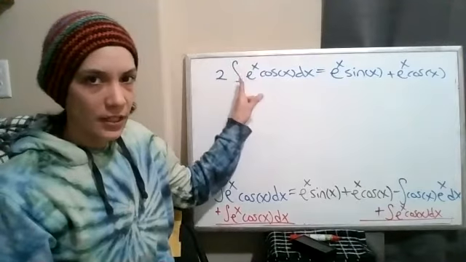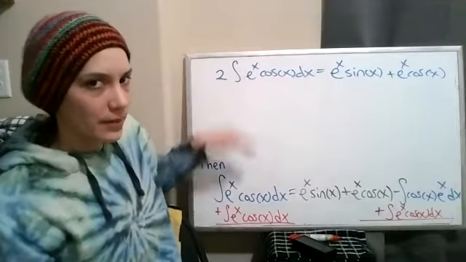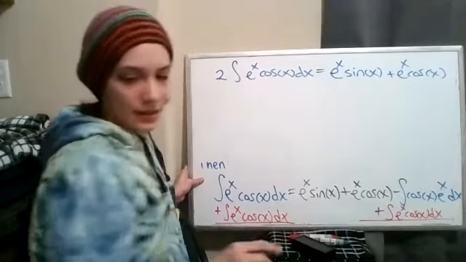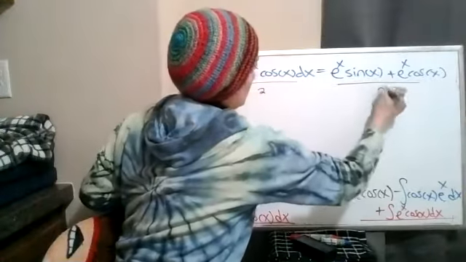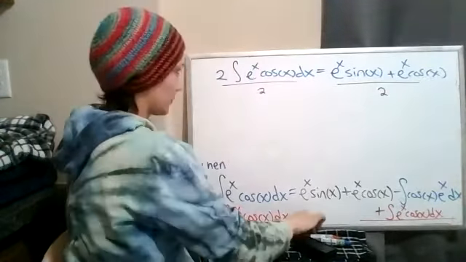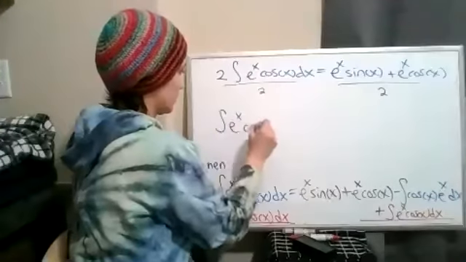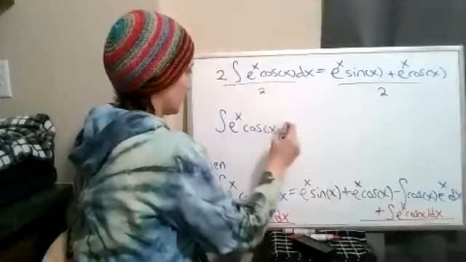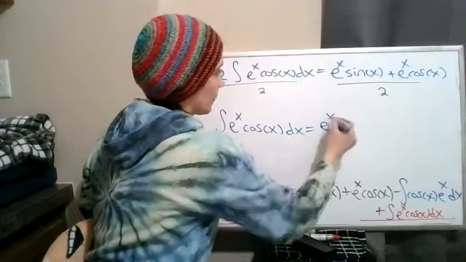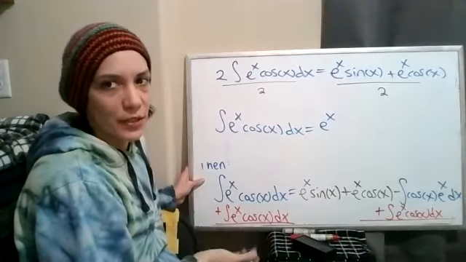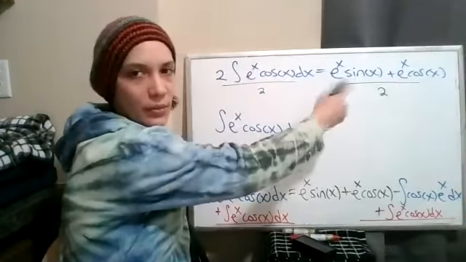We were solving for just this part of the problem, so divide both sides by 2, and we will have the answer. I'm going to put e to the x sine x over 2 plus e to the x cosine x over 2. You could rewrite this though if you want to.